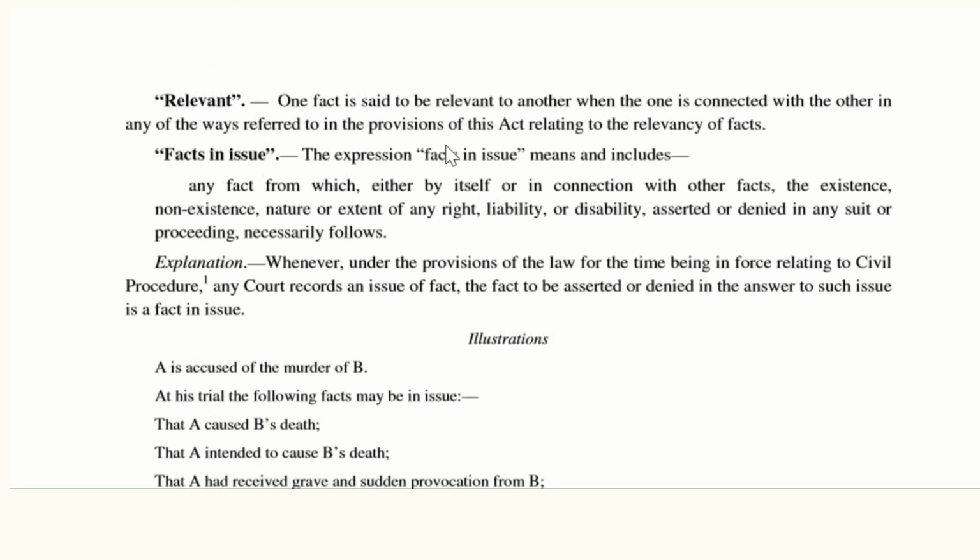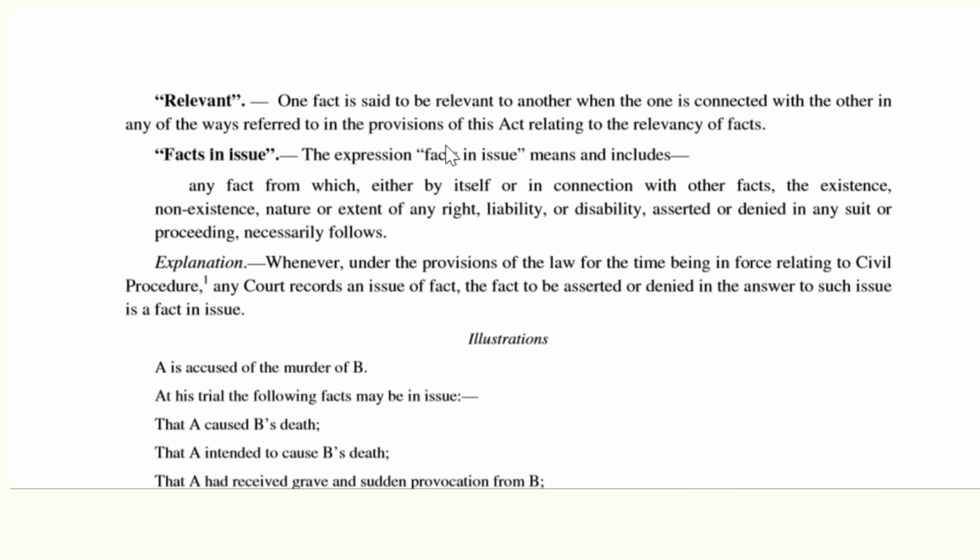The next word is relevant. Let us understand this word by way of an example. Let us take a scenario where a person is having a knife in his hand and is going inside a house, and when he comes out, the person inside the house is dead.